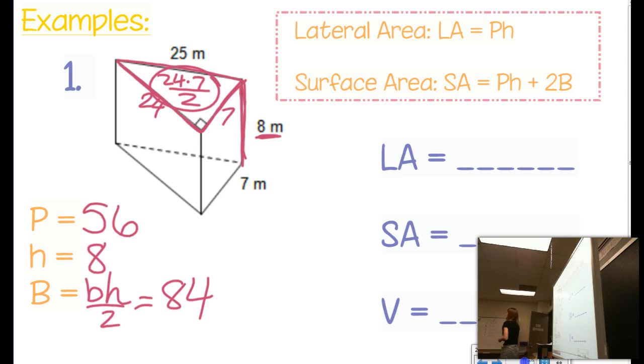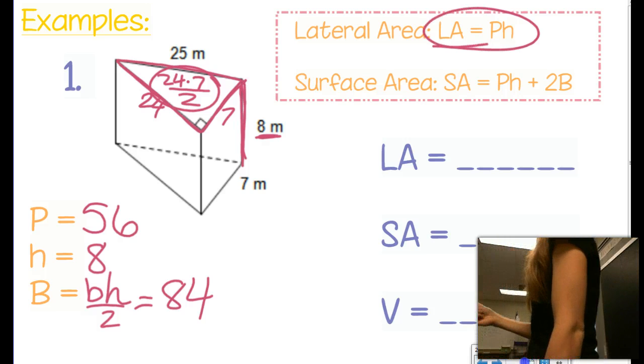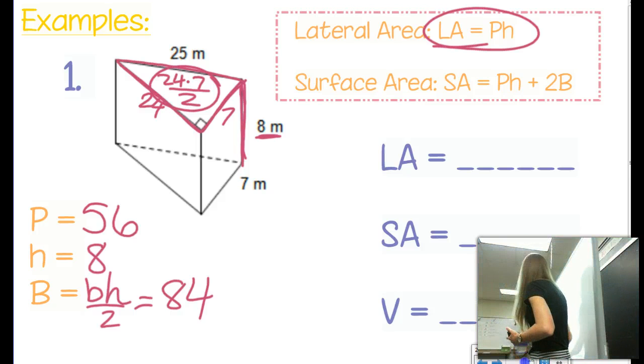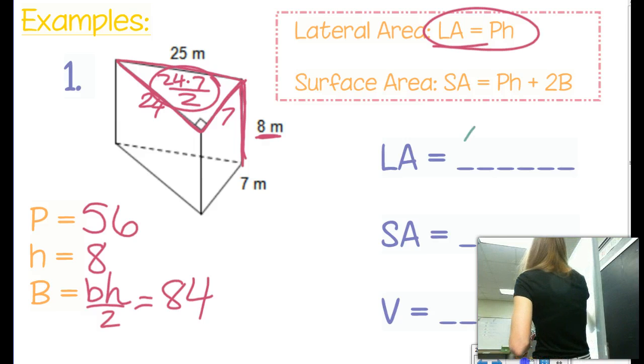All right. We've got all the pieces. Now we just need to plug them in. So now we go to our formulas. LA equals PH. We already have P and we already have H. Alea, what's the LA of my figure? 448. Thank you.